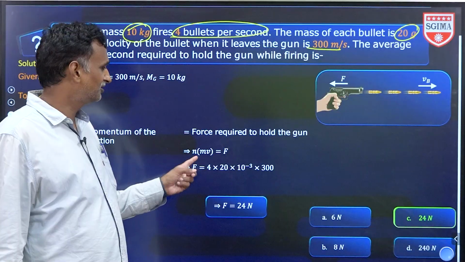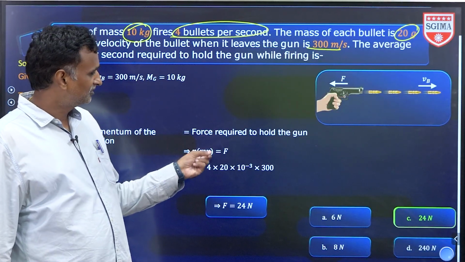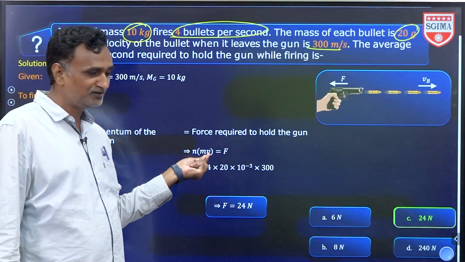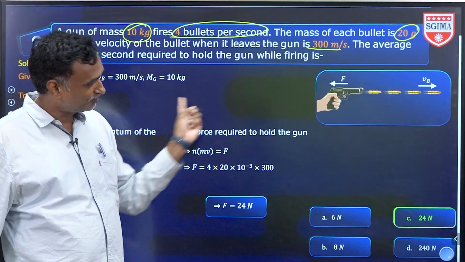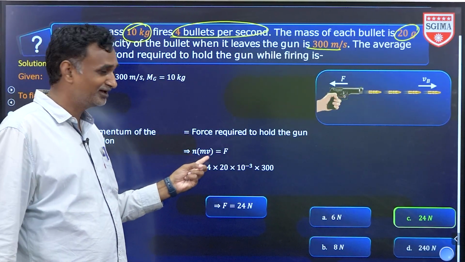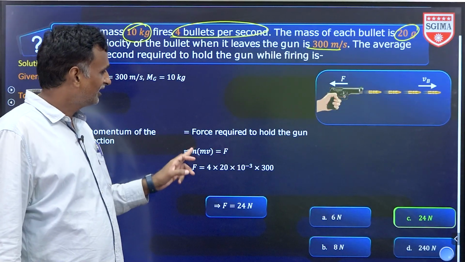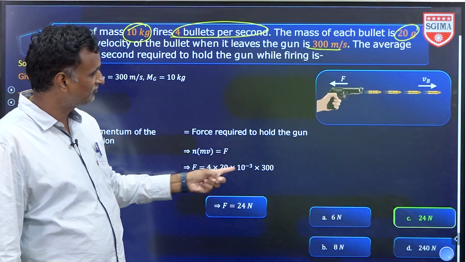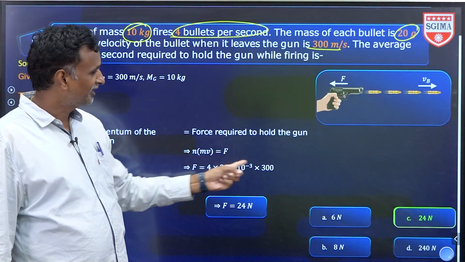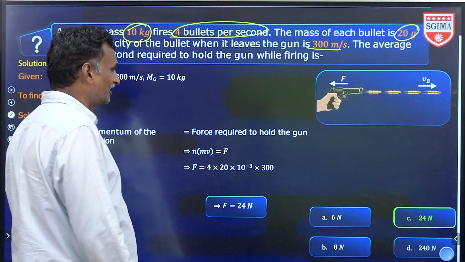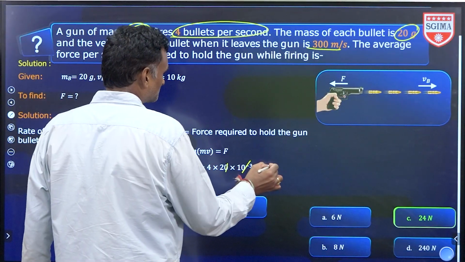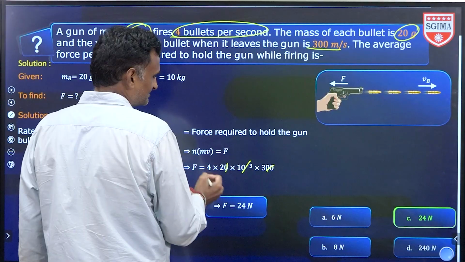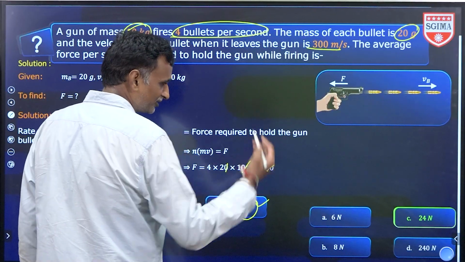Just now we discussed that if it hits and comes back, we get 2MNV, but here it is going outside, so we can take MNV equal to F. N is the number of bullets per second and M is the mass of a bullet, 20 into 10 power minus 3 kg, and velocity is 300. Here 3 zeros can be cancelled. So 3 sixes are 6, 6 fours are 24 newtons.